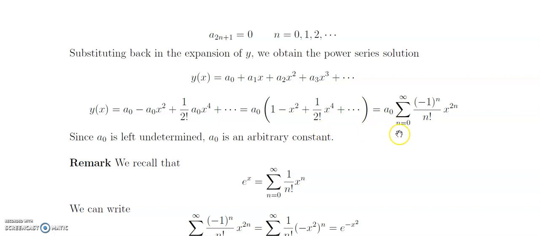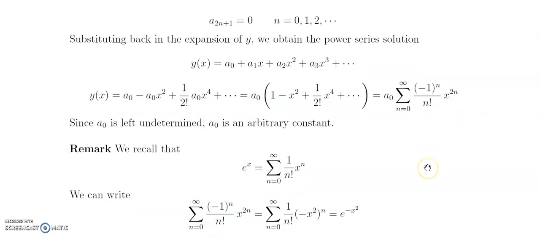So we get a sub 0 times the summation, as n goes from 0 to infinity, of minus 1 to the power n over n factorial times x to the 2n. We use the formula for a sub 2n here, times x to the 2n, because we only had even powers.